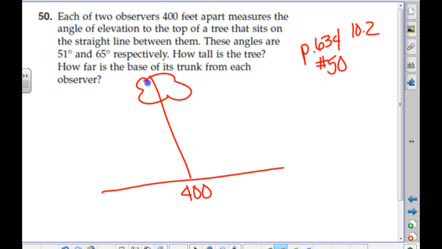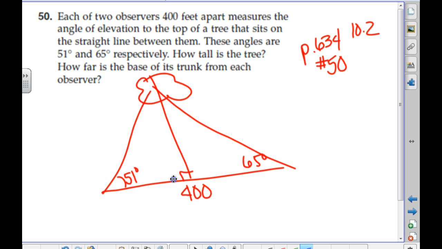There's a tree growing up in between them. One guy has to look up 51 degrees, and one guy has to look up 65 degrees, and we're going to pretend the tree's making a right angle with the ground, which is not really straight ground, apparently. How tall is the tree?